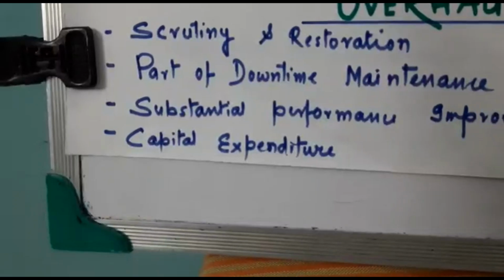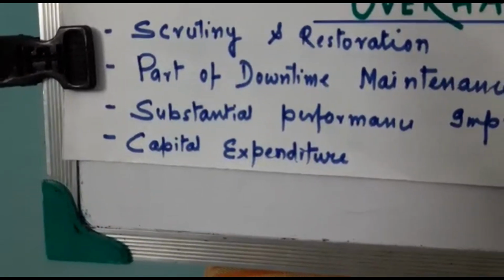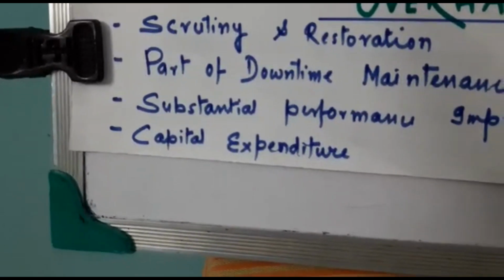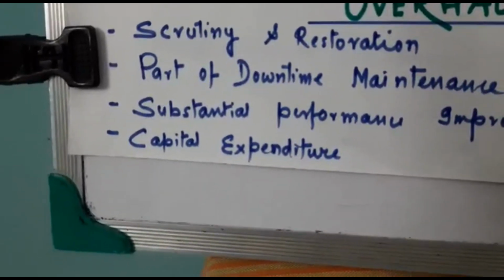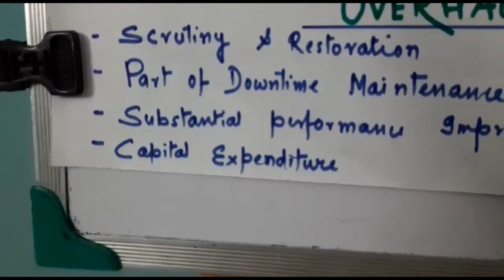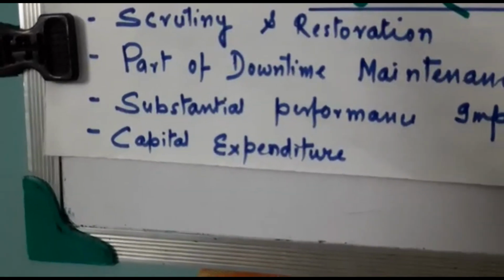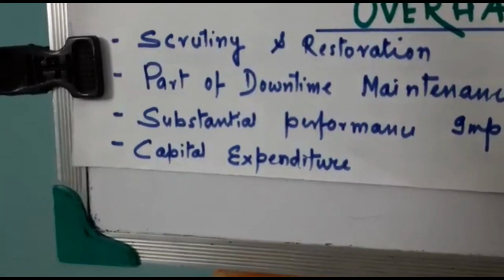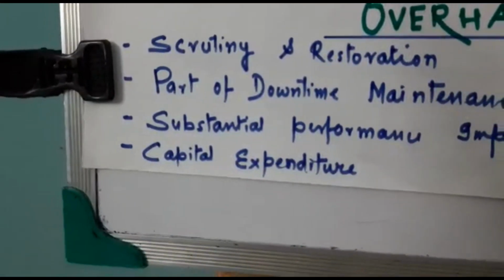So we are trying to improve the performance of the equipment, and sometimes we need to change the material to a large extent, and hence overhauling is a costly affair, and it is a downtime maintenance because the machine has to be taken out of operation. So since it is a costly affair, for accounting purposes, often overhauling is treated as capital expenditure.